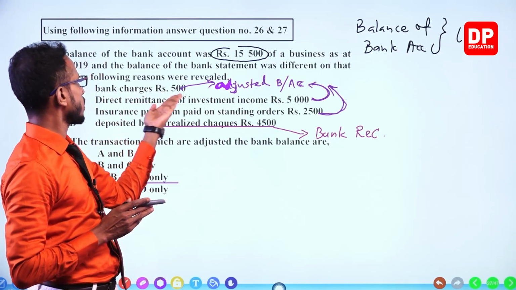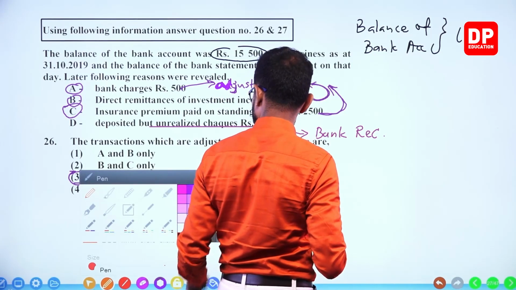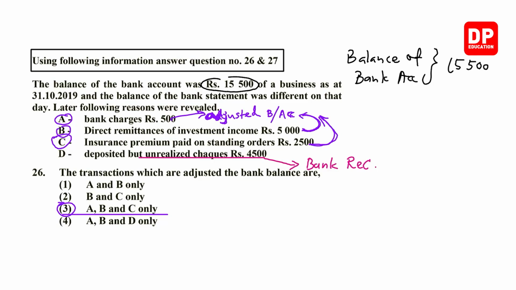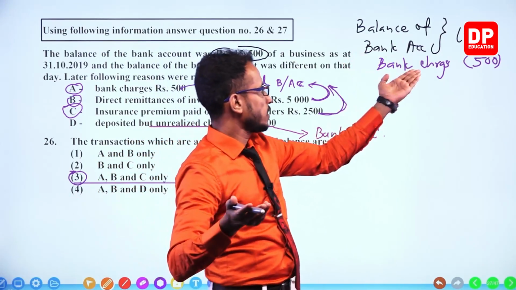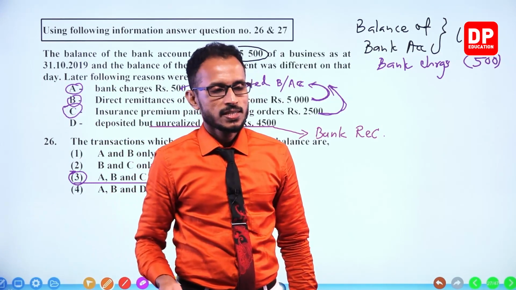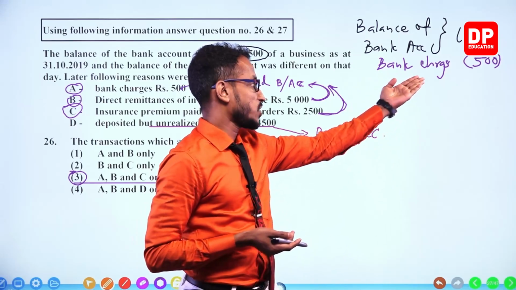This one, bank charges. From bank charges, what is the effect to the original bank balance? Because of bank charges, the original balance reduces. We don't know that the bank has taken their charges from our account, so we don't record them.